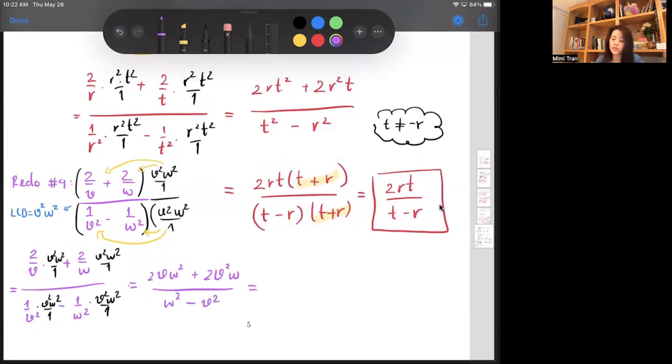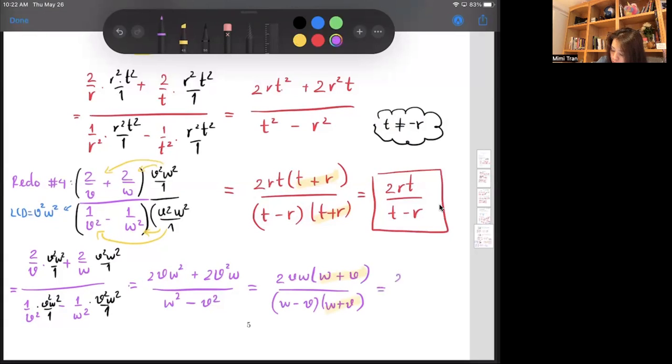For the bottom, you can simplify it as W minus V times W plus V. On the top, you can take 2VW out, so what's left is W plus V. And then you can simplify.